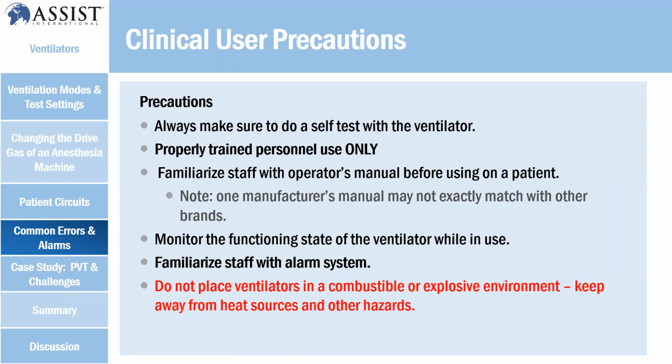Remember, you have a few brands; the ventilator function is the same, but the way of operating can be different on the screen. So you need to know all that. One manufacturer's manual may not exactly match another's. If you have brand A, brand B, brand C, the manuals can be different. So you need to know your manual.